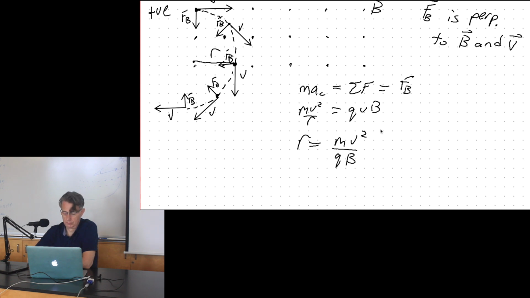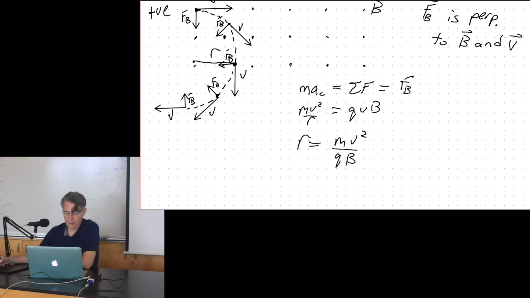Wait, so this is the centripetal acceleration, right, v squared over r, and then you divide it by, so it's mv squared over qvB, and then you cancel these out. I put the r up, and then the qB goes.